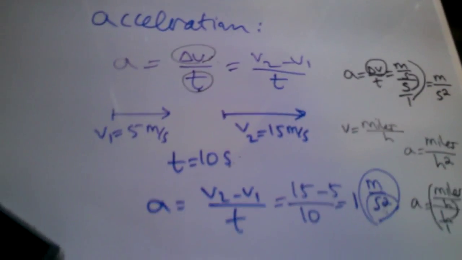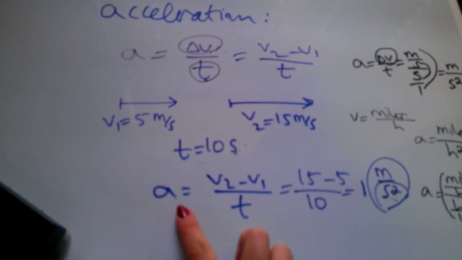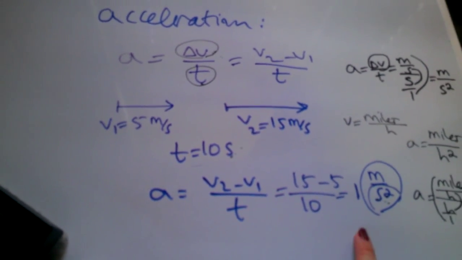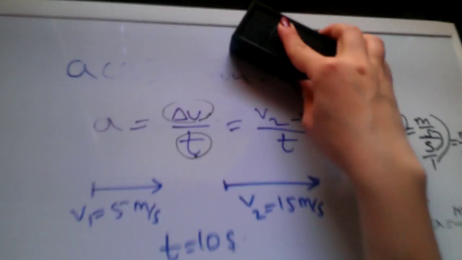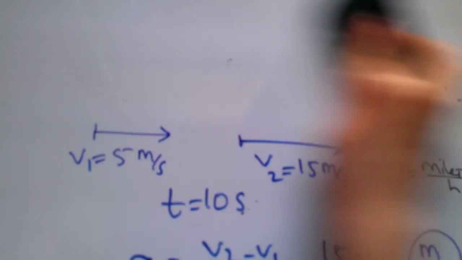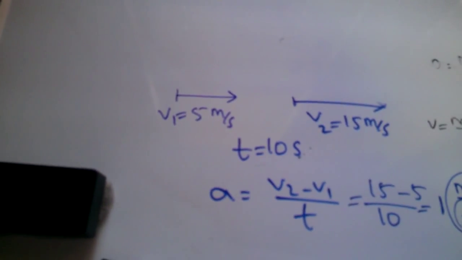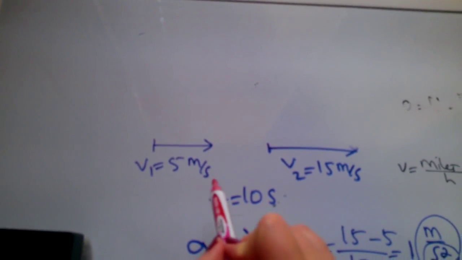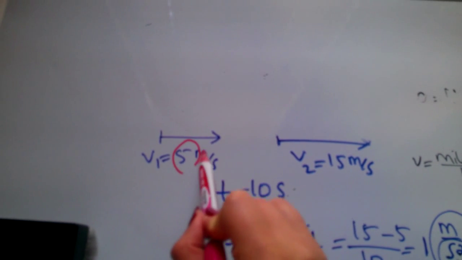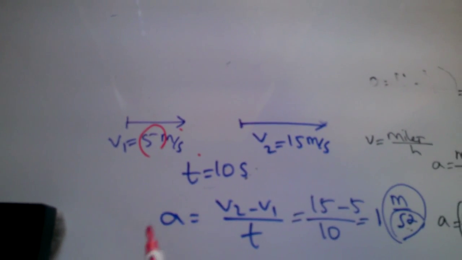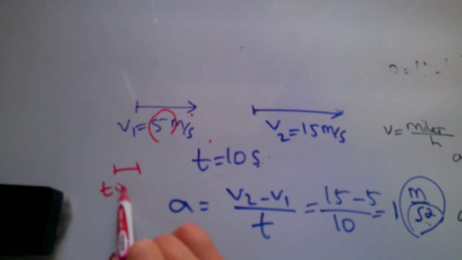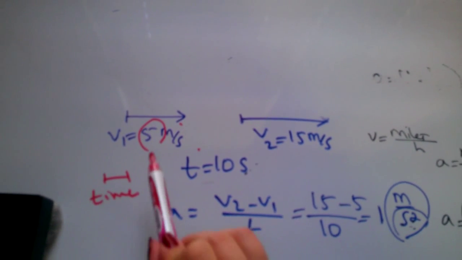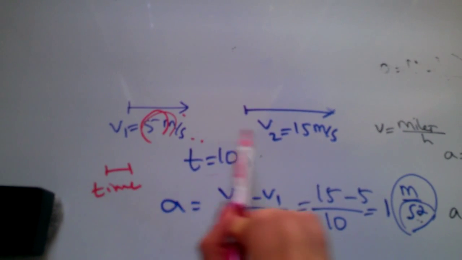So that's about it. But what does it mean when we say the acceleration of this motion is 1 meters per second squared? What we mean is that if I start off at 5 meters per second, in every single unit of time I'm increasing.